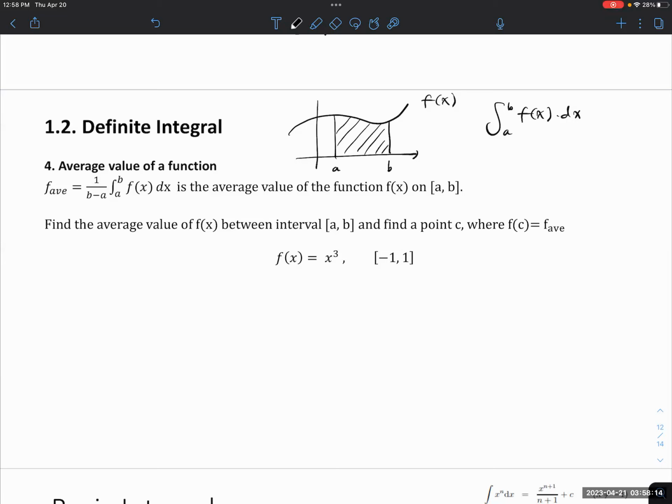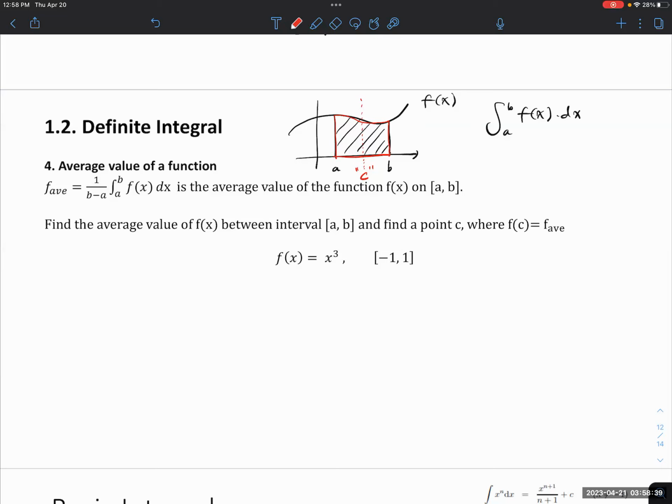Later we're going to talk about this area; it could be volume, force, velocity, in many contexts. What I'm saying is, I want to find the average value. There has to be some number c that gives you the average value of the function. So how do we find that?